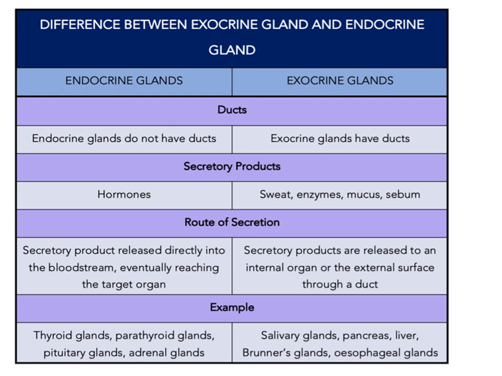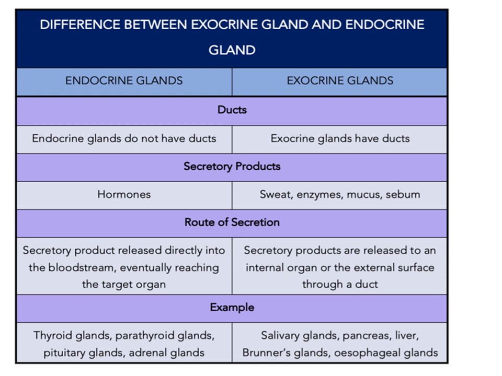Then exocrine glands. In the case of exocrine glands, since this gland has a duct, the secretory products are released into an internal organ or onto the external surface through a duct. Either inside the organ or outside the organ, it will be carried through the duct. Then a few examples are given for each.